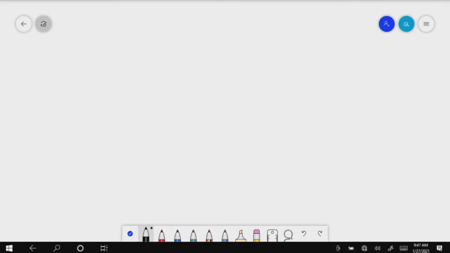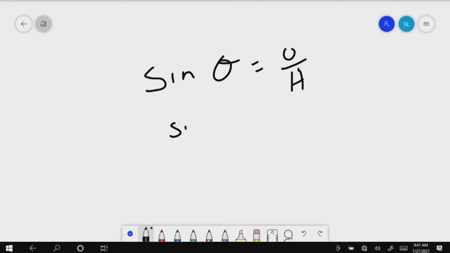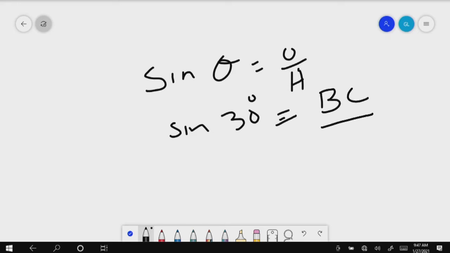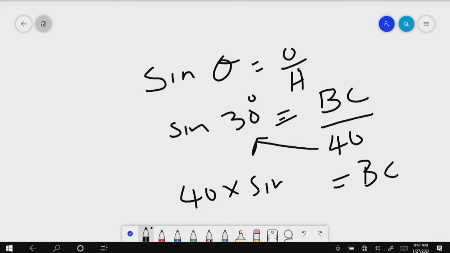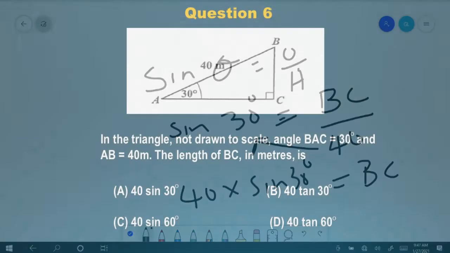We would use the sine ratio, opposite upon hypotenuse, because we were given the angle. We are required to find the opposite side, which is BC, and the hypotenuse side is given as 40. Hence, BC would be 40 times sine 30 degrees.